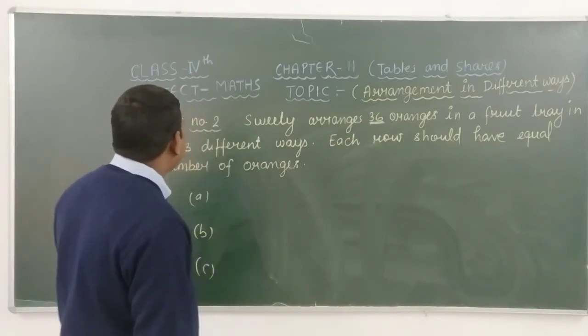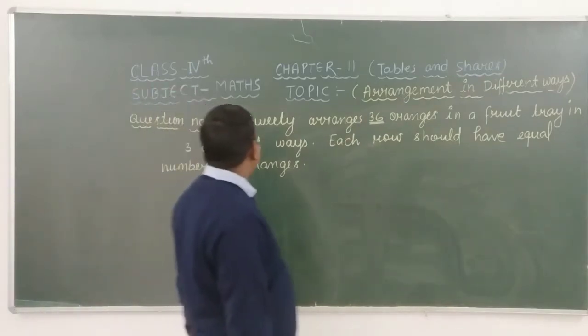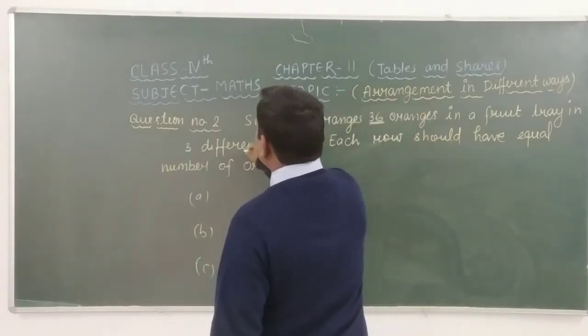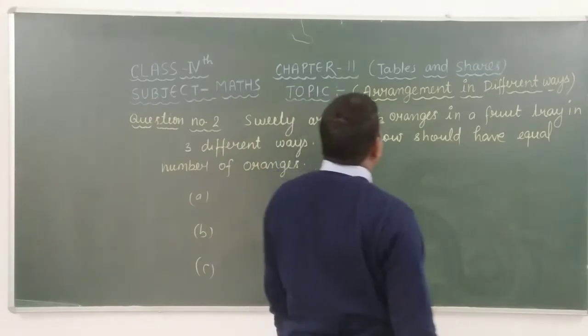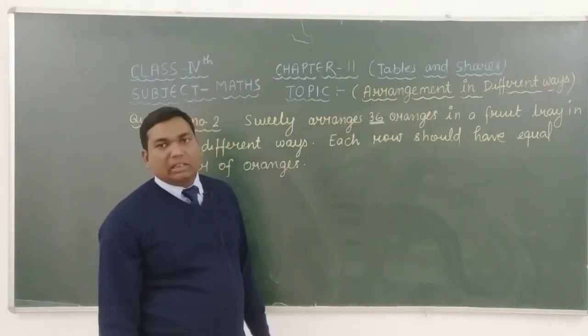Look carefully. In this question we are given that the total number of different ways is 3 and the total number of oranges in a tray is 36.